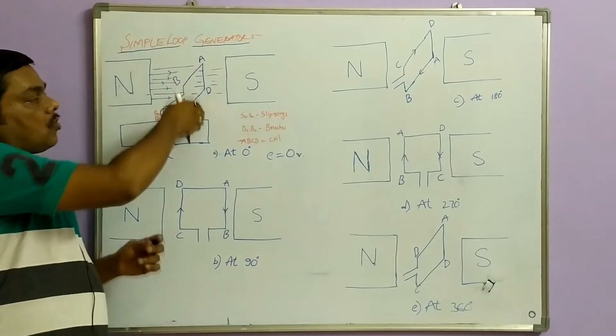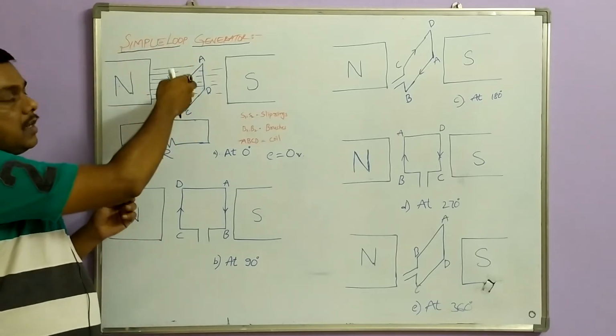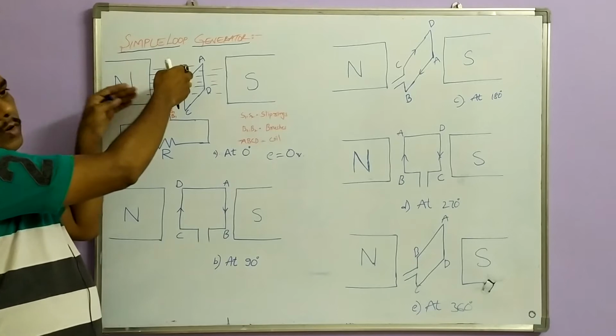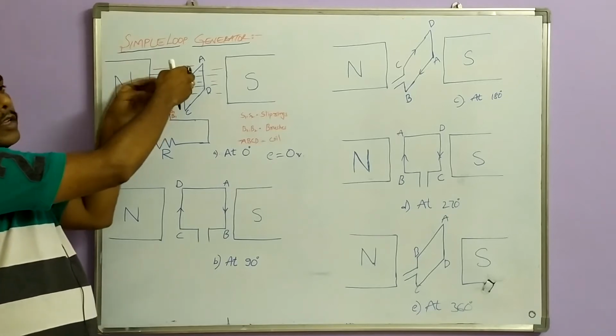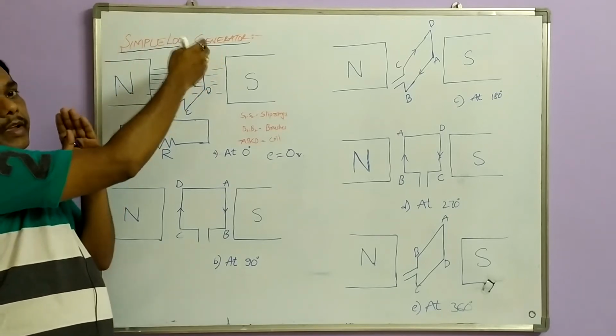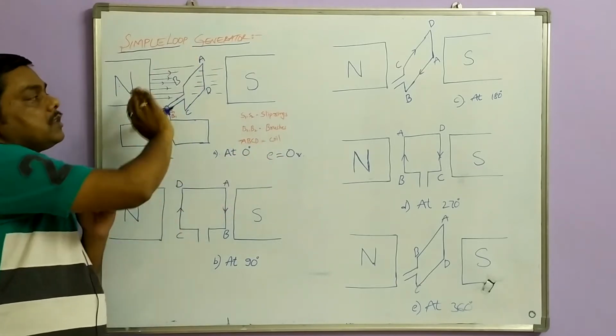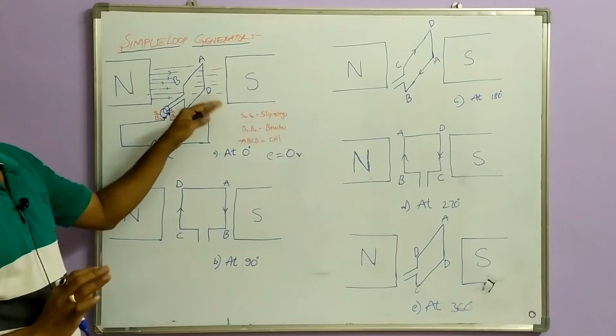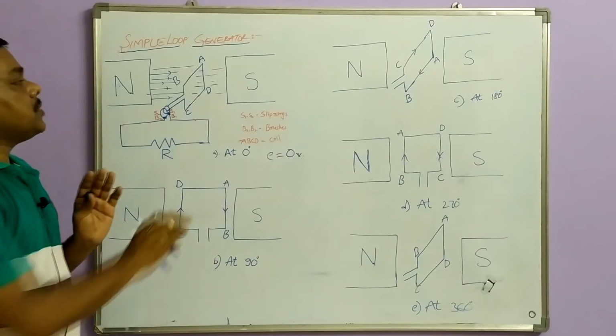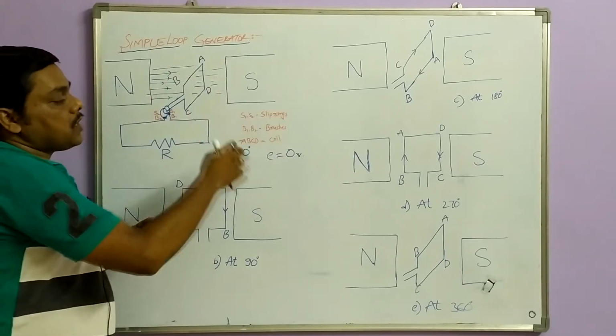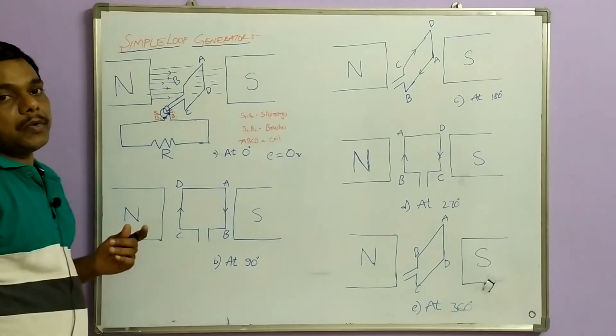That means when the coil is placed vertically, the flux linkage is very high, but the induced EMF in this coil is 0 because there is no flux cutting action in this conductor. That means no current is flowing.